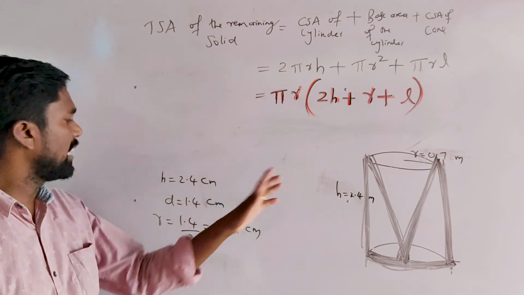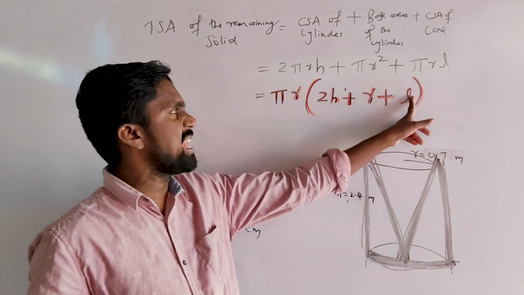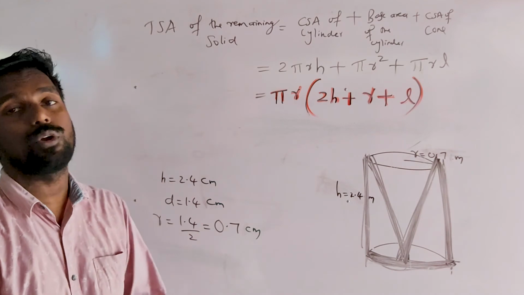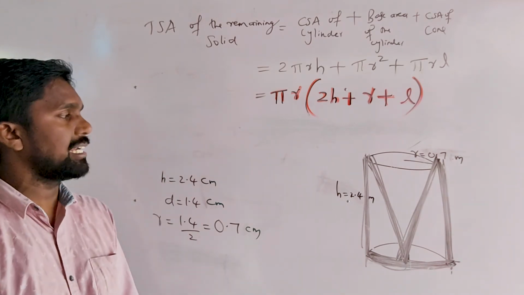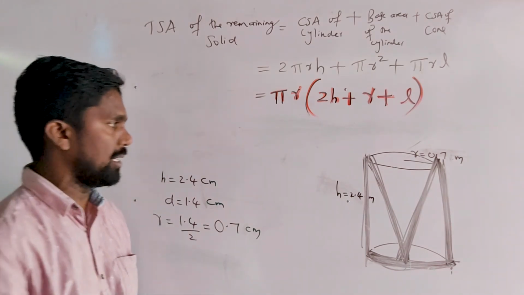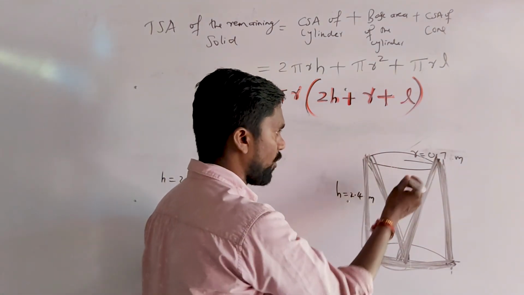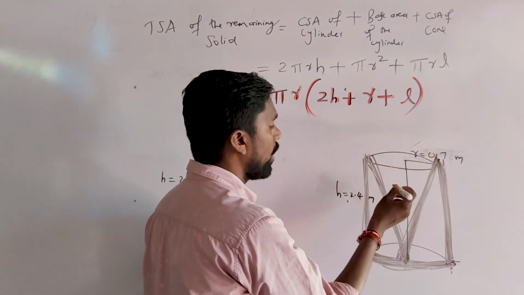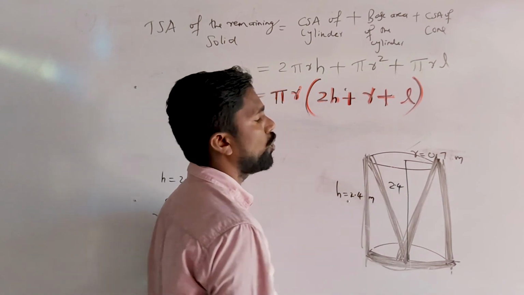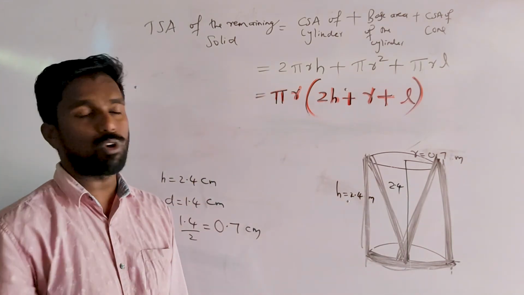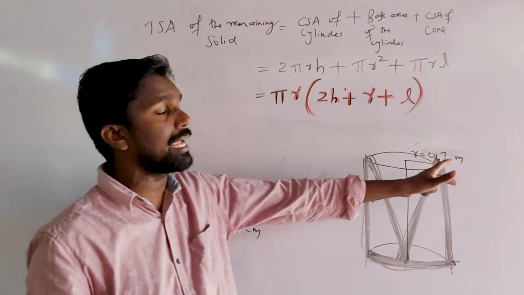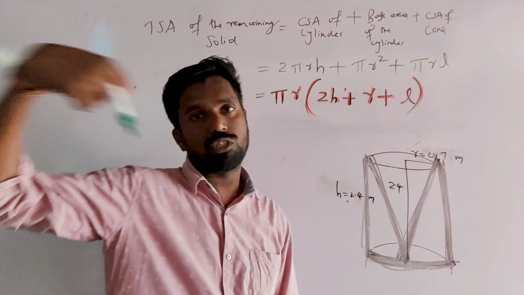Here everything you can substitute, but l we don't know. Slant height we don't know, but that is very simple. This height is 2.4, then the cone height will also be 2.4. It is given in the question: same height, same diameter, conical cavity is hollowed out.